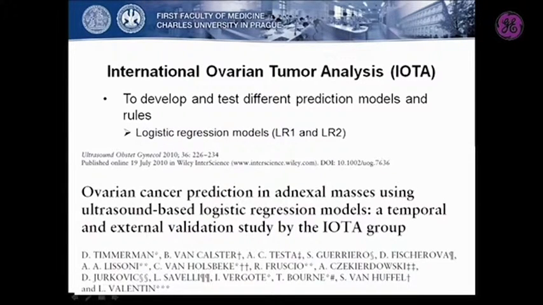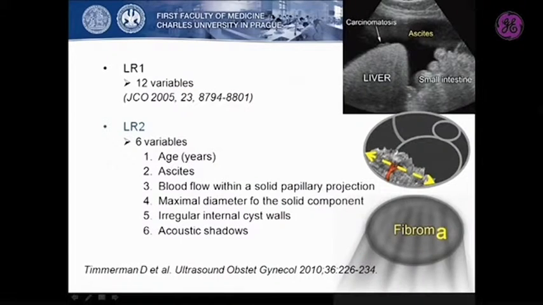The main IOTA-derived prediction models are logistic regression models LR1 and LR2, which on temporal and external validation have both shown an excellent diagnostic performance. But the LR2 requires, for the assessment of the risk of malignancy, only 6 variables.